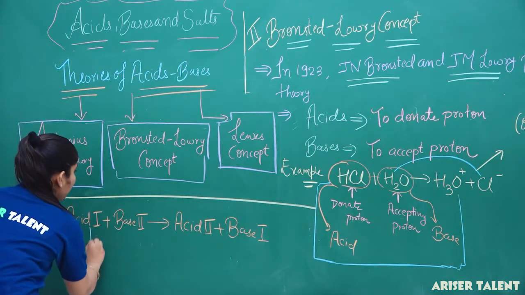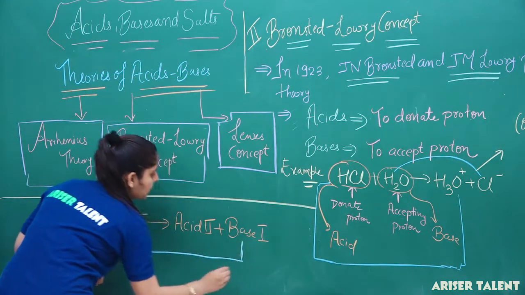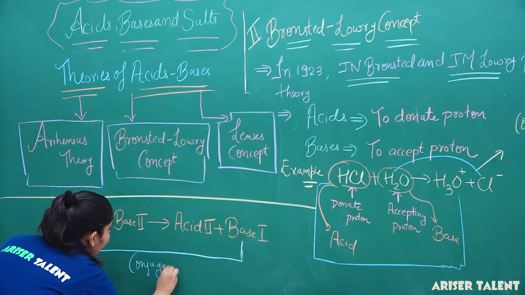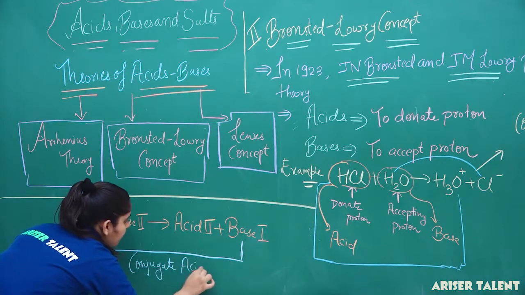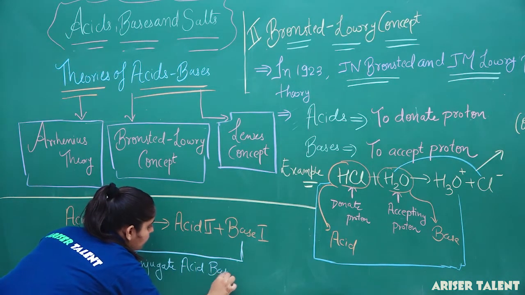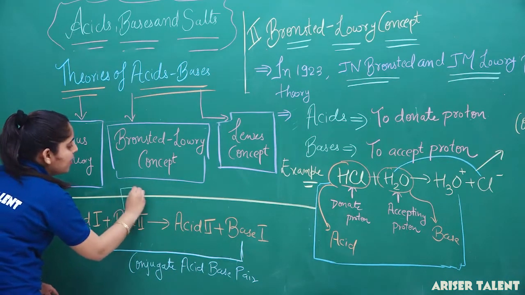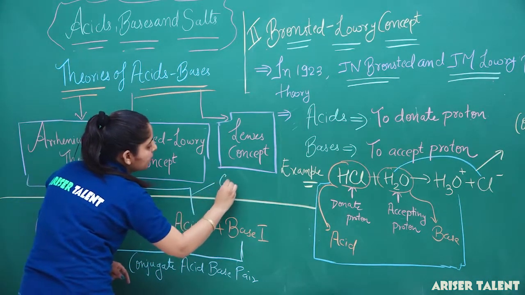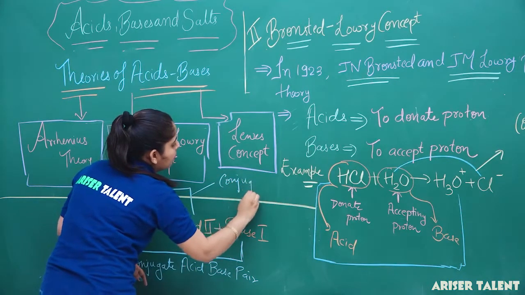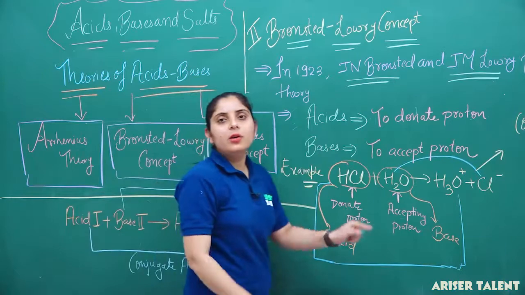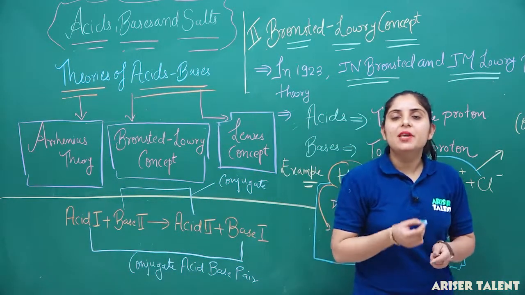So this acid base pair is known as a conjugate acid base pair. And this is the other pair, we can also call this pair a conjugate acid base pair. This is not only in the case of hydrochloric acid, we have many more examples for the acids.